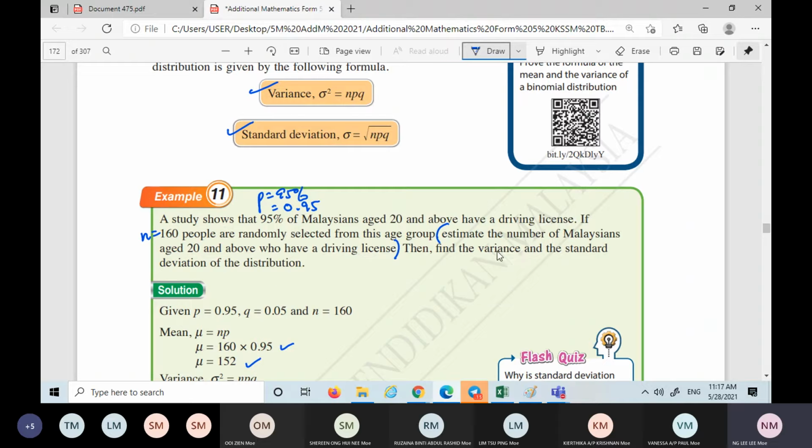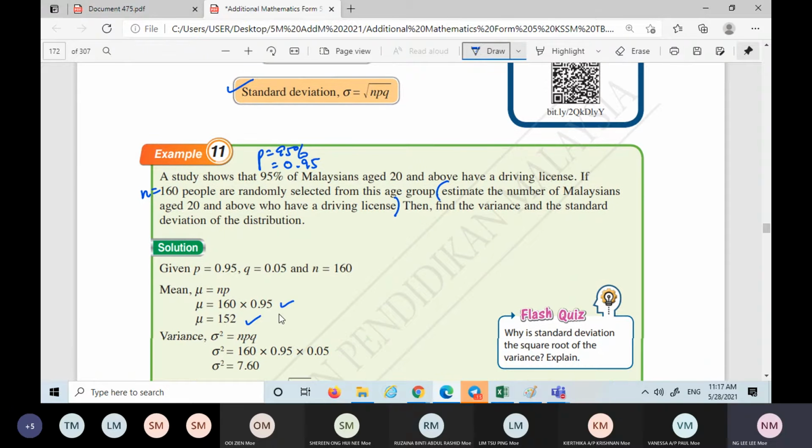Next, find the variance and then the standard deviation of the distribution. Normally we'll find the variance first. After that, we just square root it to find the standard deviation. So to find the variance, npq. You get the q: q is 1 minus p, therefore it's 0.05. Then you put in n times p times q, so this is the answer.